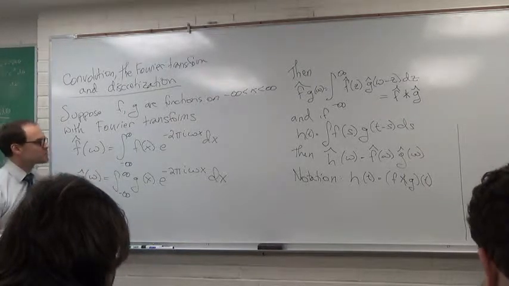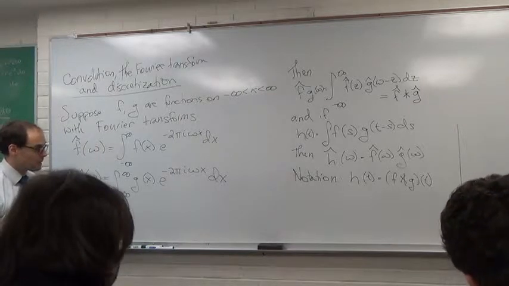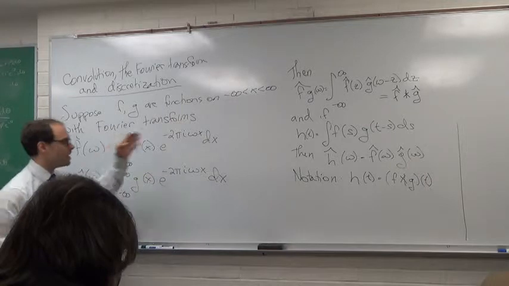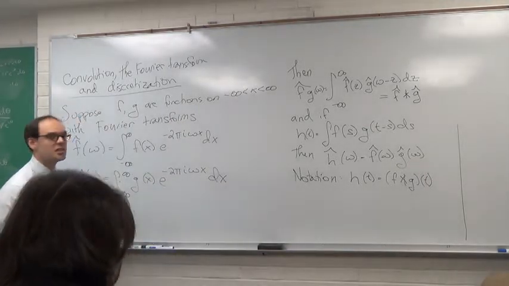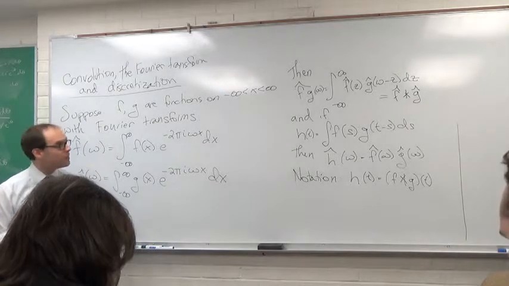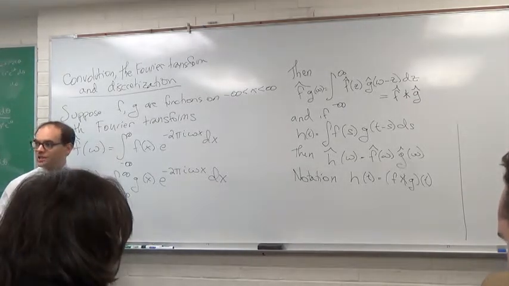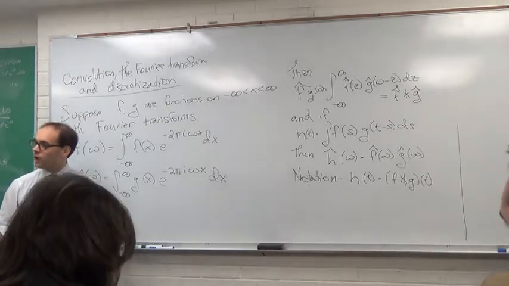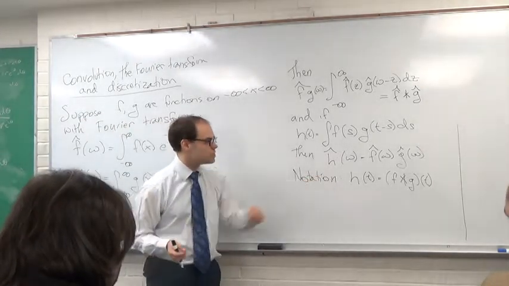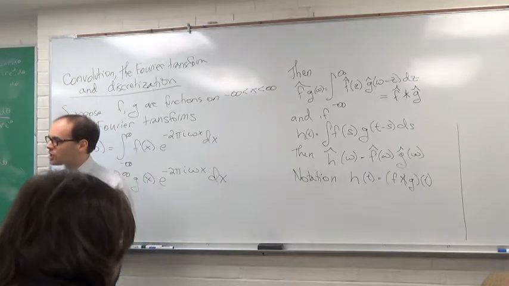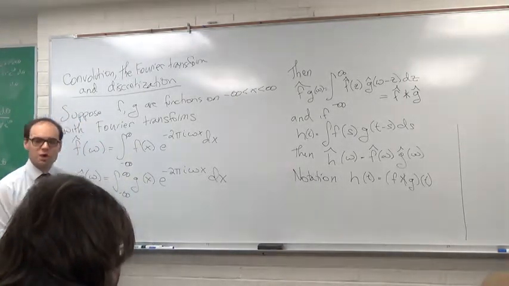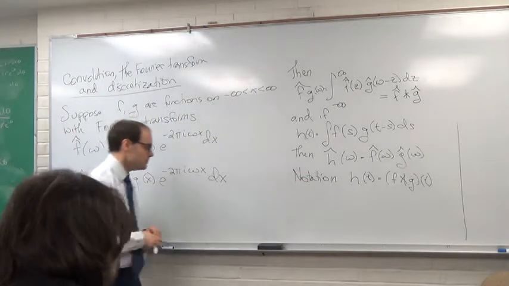It's kind of nice because when you think about a space of functions on minus infinity to plus infinity, say the L2 functions, it's a vector space. I can add them, subtract them, scale them. But better than that, it's a ring. I can multiply them pointwise. But there's a different product. That other product is convolution. So you have these two ring structures that you can put on functions. The Fourier transform sort of goes between them in some fashion.